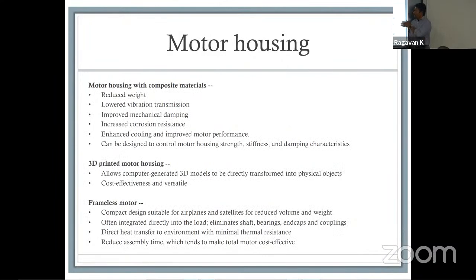Now, if you talk about materials, if you're using something like composite materials, by definition, it's going to be a little expensive, but it gives you reduced weight. You can have lowered vibration transmission. Why is this important? It is important because if you have an application, let's say aerospace, naval applications, DoD kind of stuff, you want to make sure that none of this is transferred.